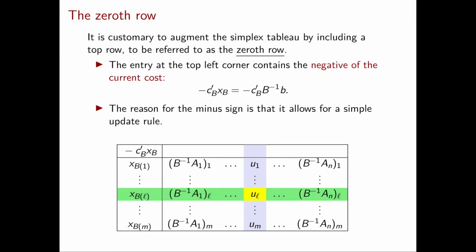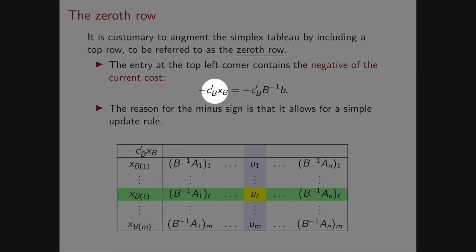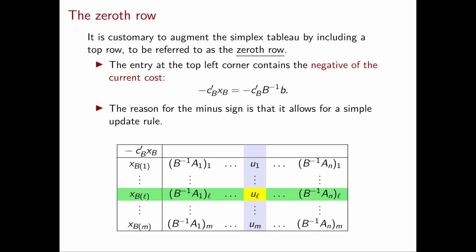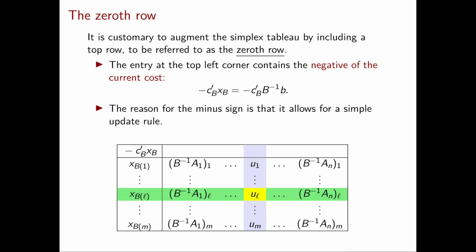At the top left corner, we put the negative of the current cost. So the formula is minus c_B transpose x_B, or in a different form, minus c_B transpose B inverse b. Now, a natural question is why aren't we instead just writing the current cost instead of the negative of the current cost?